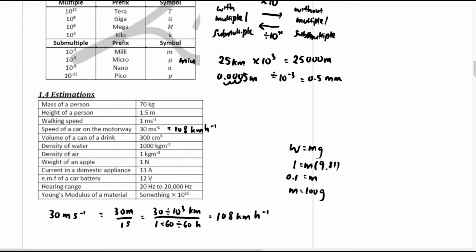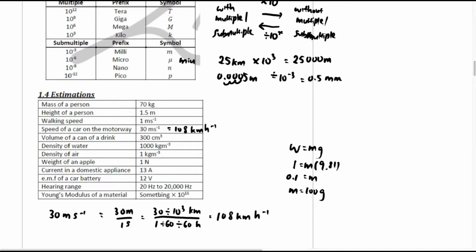Young's modulus of a material is something multiplied with 10 to the power of 11. What is something? The something here is a number. It depends on what material you are talking about. Different materials will have different values, so that's why in general they put something here.